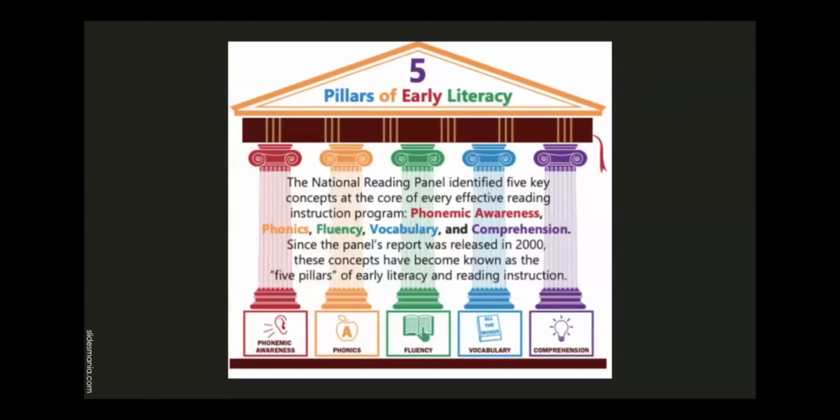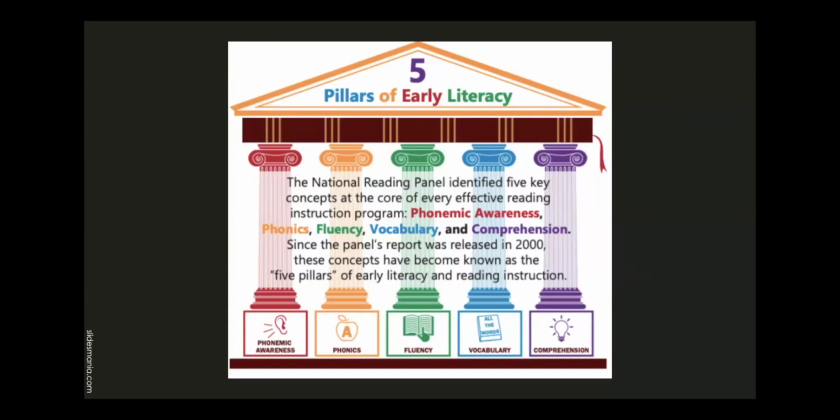So if we look at the pillars of early literacy identified by the National Reading Panel in the early 2000s, phonemic awareness, phonics, fluency, vocabulary, and comprehension were all of those effective reading instruction pieces that were identified as key learning opportunities for students in our classroom. So we would argue that that oral language piece is the bedrock of all this.